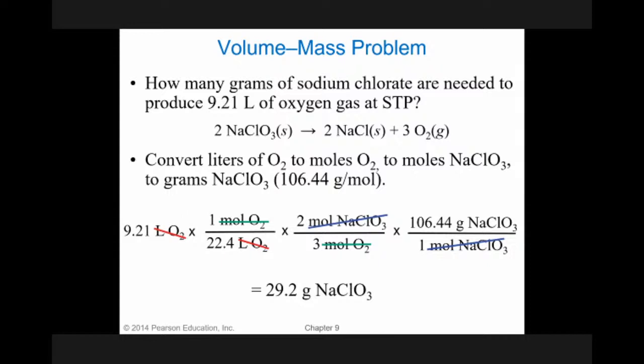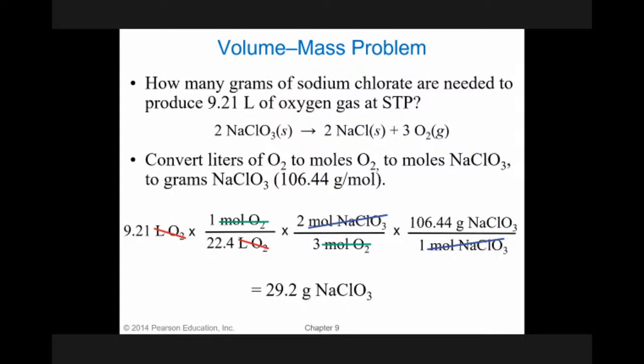I need some aspirin for this. So he says he wants 9.21 liters of oxygen gas. So you go on your shelf, you have to do some kind of reaction. He's nice to you. He said, use sodium chlorate.